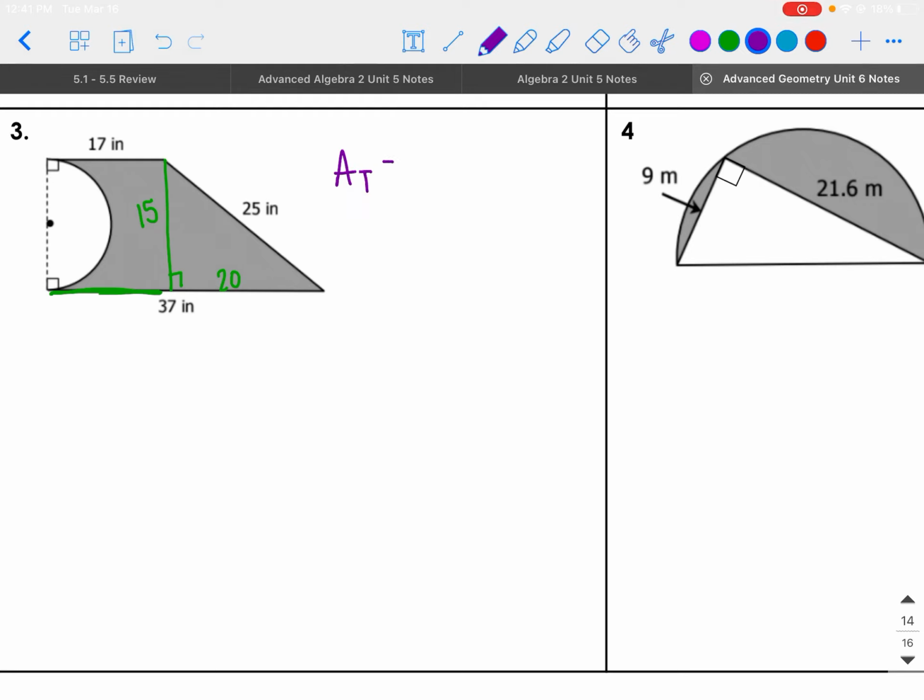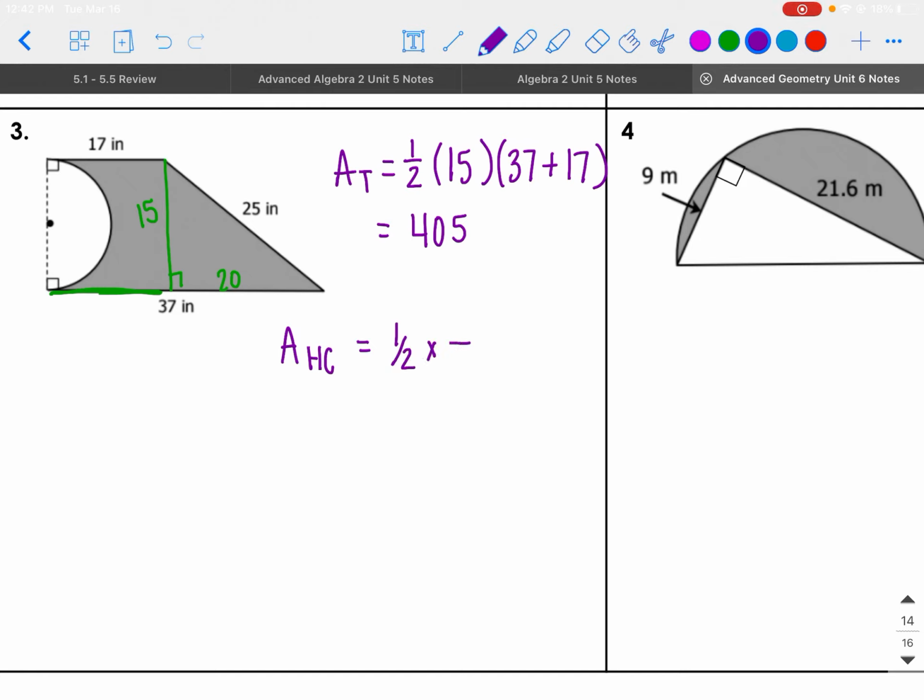All right. So the area of the trapezoid is half times height times base 1 plus base 2. And we get 405. The area of the half circle would be half times pi times r squared.